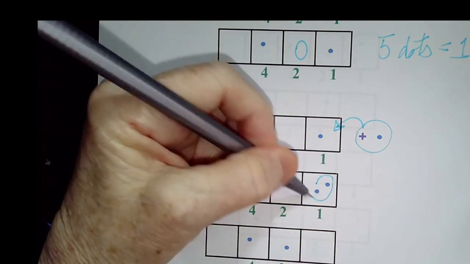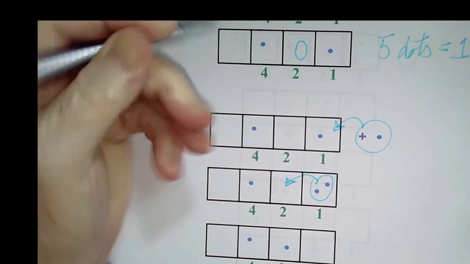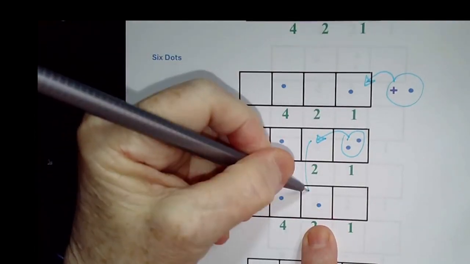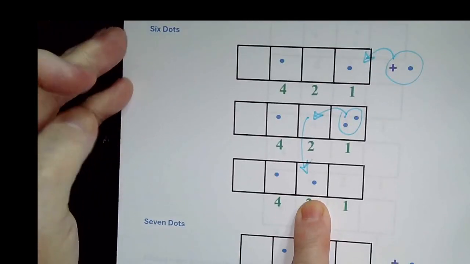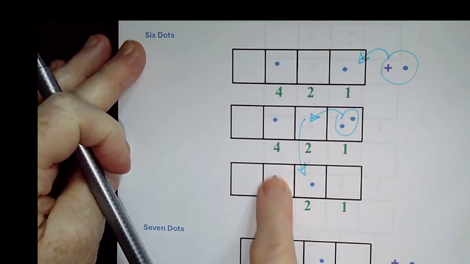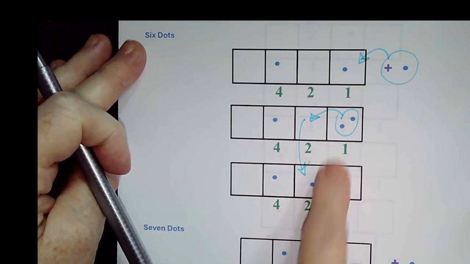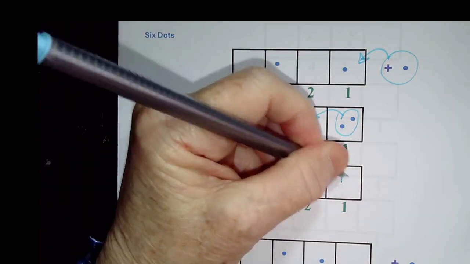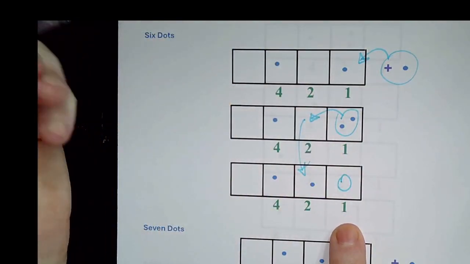So these 2 dots will explode to the left and give us 1 dot in the twos place. We still have a dot in the fours place, and we no longer have any dots in the ones place.